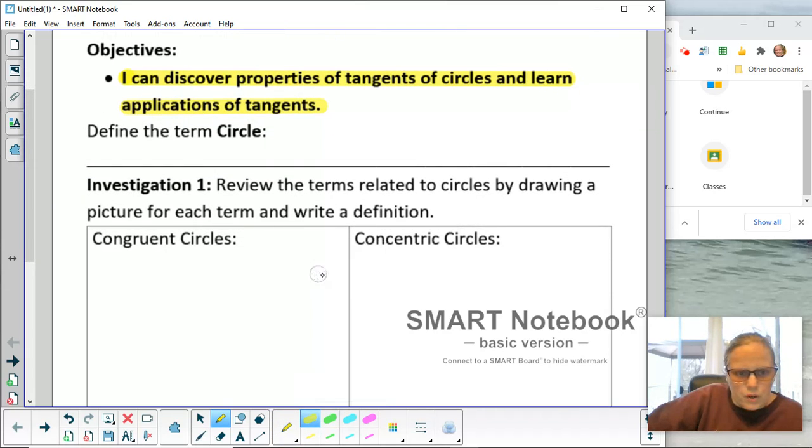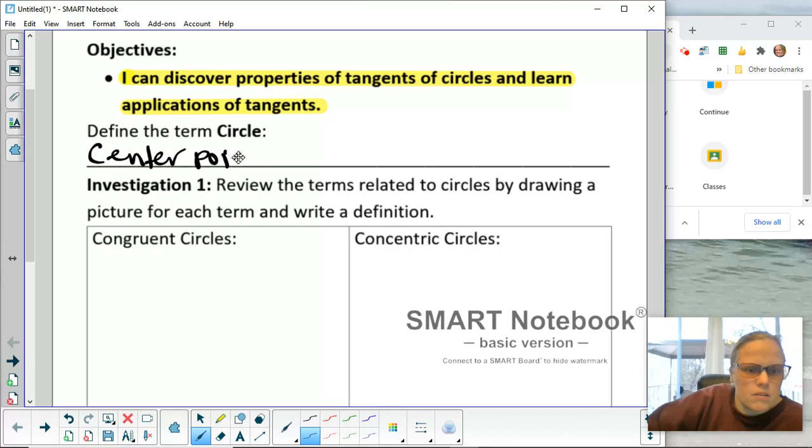All right, now our first definition is to define a circle, which can be really tricky because circles are very common and something we've used a lot in our lives. But for geometry, we have to be really specific. So a circle contains a center point. If I start here with the center point, and then it looks like a curved line going around that center point, but remember, lines aren't curved.